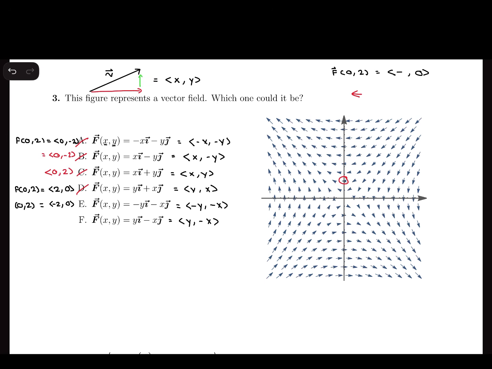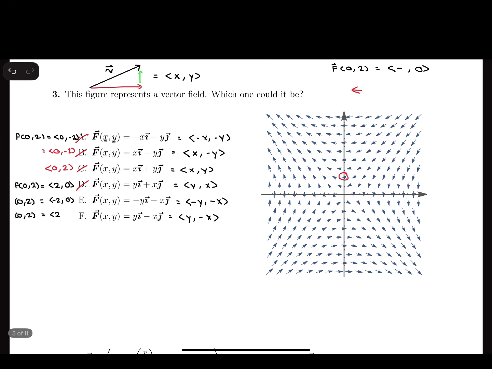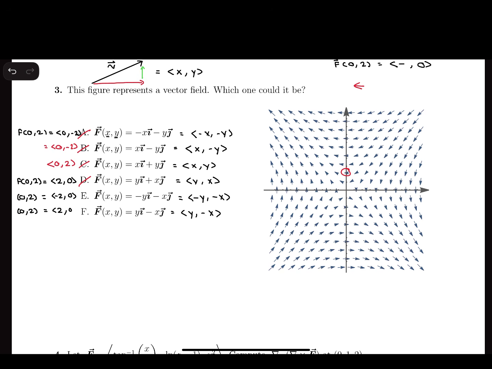So answer choice F has the vector y, negative x. So at point 0, 2, this would be the point 2, negative x, which would simply just be 0.